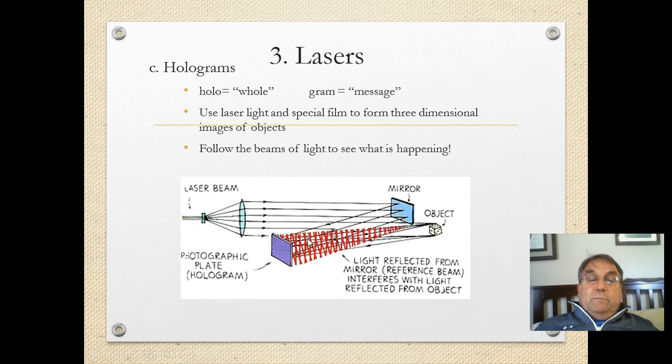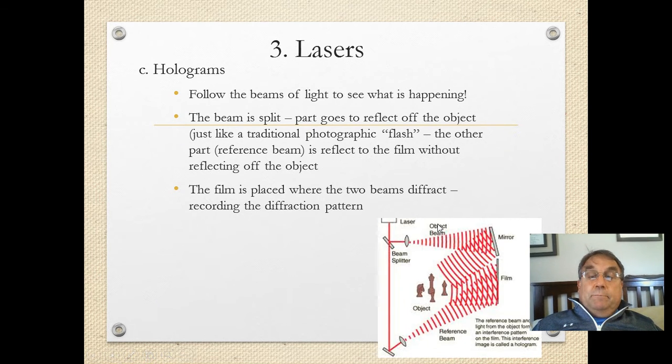This is where interference patterns occur between the coherent light directly off of the mirror and off of the object. Then you end up with diffraction and interference striking the photographic plate, such that you not only get an image, but you get a three-dimensional image.